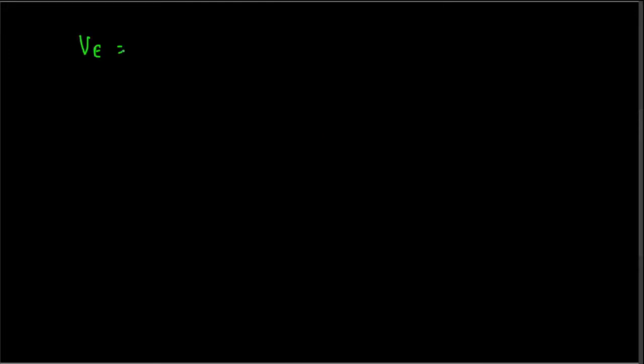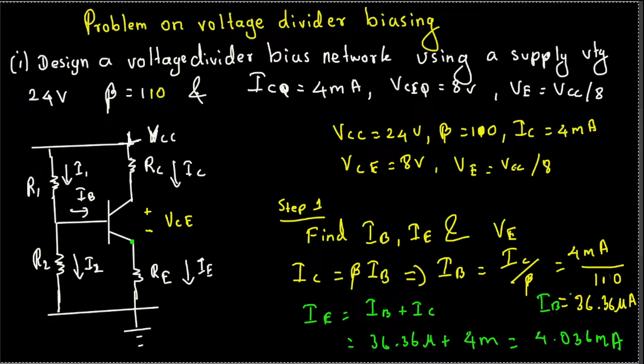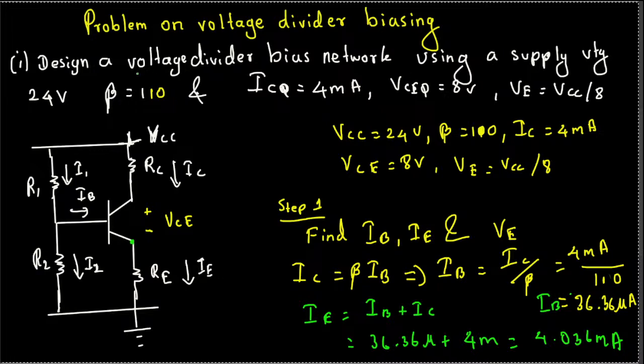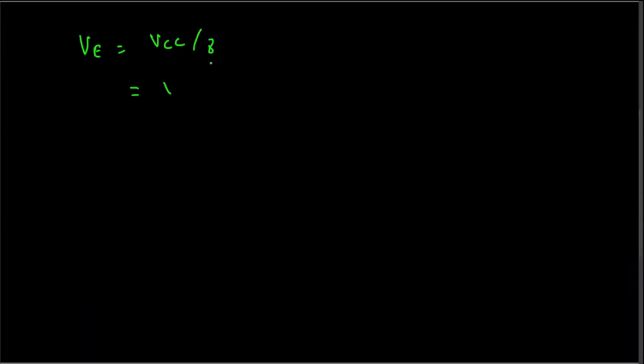We have the equation provided in the question, that is VCC over 8. So we can just use that. VCC is given to be 24 volts, divided by 8, that is 3 volts.